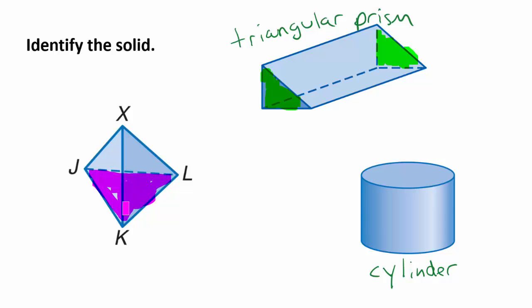So this is going to be a pyramid, but it's going to be a triangular pyramid. And that's one of the hardest ones probably for people to recognize, just because all the faces and the base itself are going to be triangles. But if you notice, that is a triangular pyramid with this triangle JKL as the actual base, and then the vertex is going to be this guy up here at X.